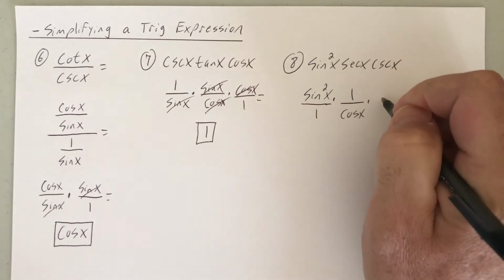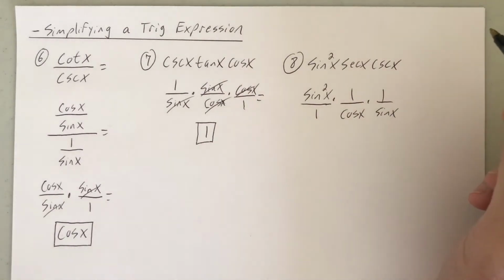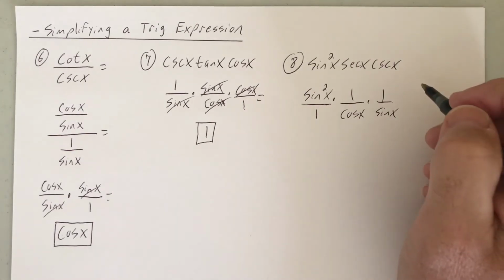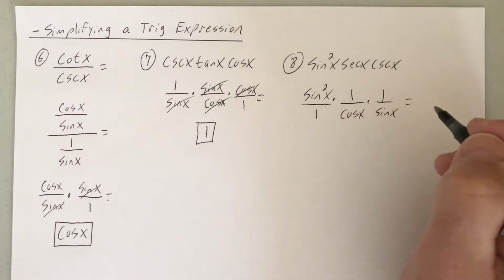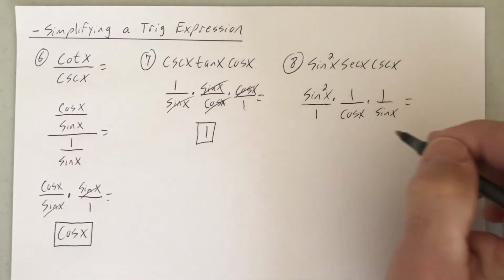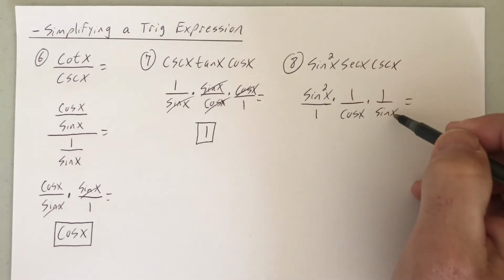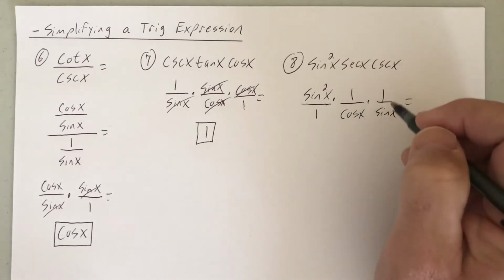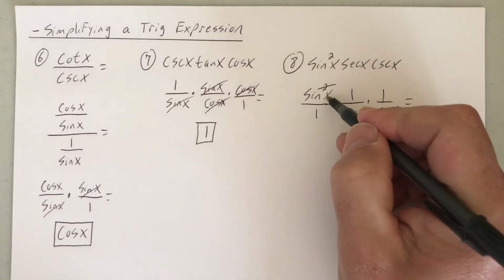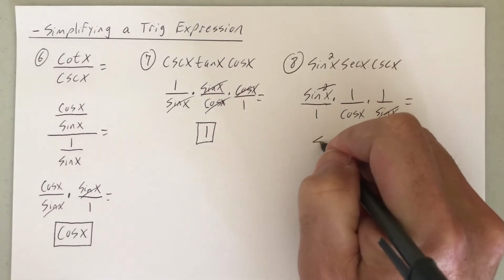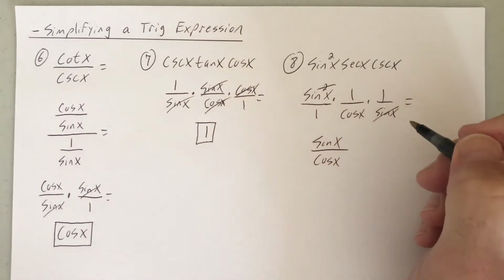Times, and then cosecant, again, would be 1 over sine x using the reciprocal identity. So now from here, you can multiply this all the way through, or you can reduce if you want to, because you have a sine squared x and then you have a sine x. So if I get rid of 1 here, I get rid of 1 here, it just leaves me with sine x and the cosine in the top. So sine x over cosine x.